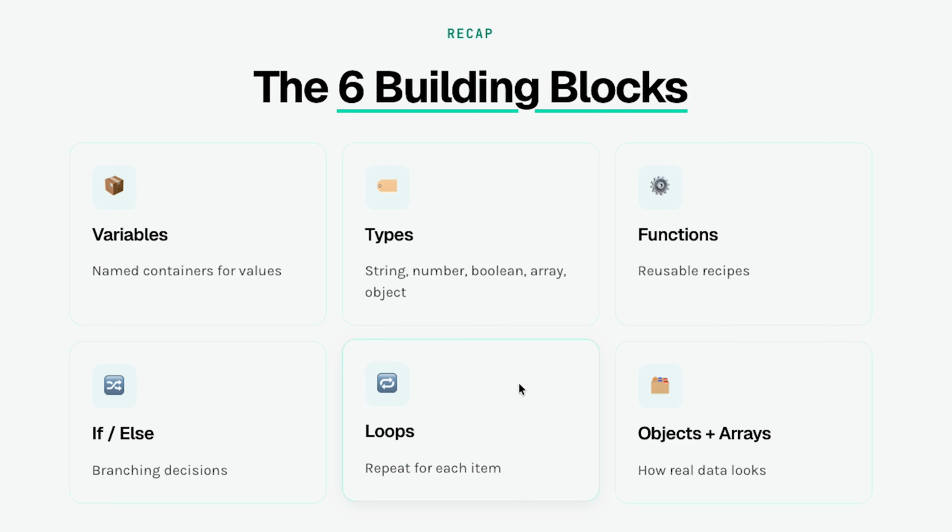And then you have loops, which repeat for each item in a list. When you want to process lists and stacks, loops are very useful. Then you have objects and arrays, which is mostly how you're going to receive data when you're interacting with an API. That's 90% of all the code that you're ever going to see, whether AI is generating it for you or whether a human is writing it for you.